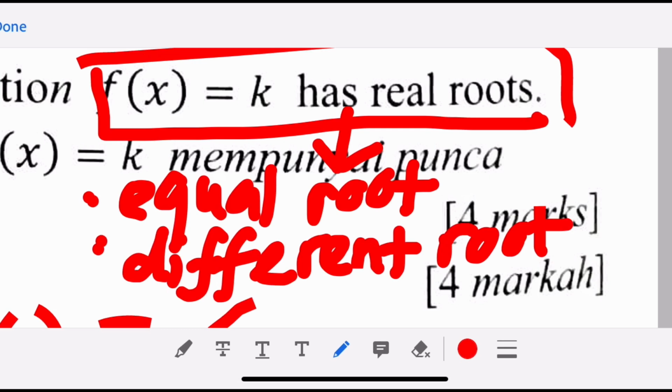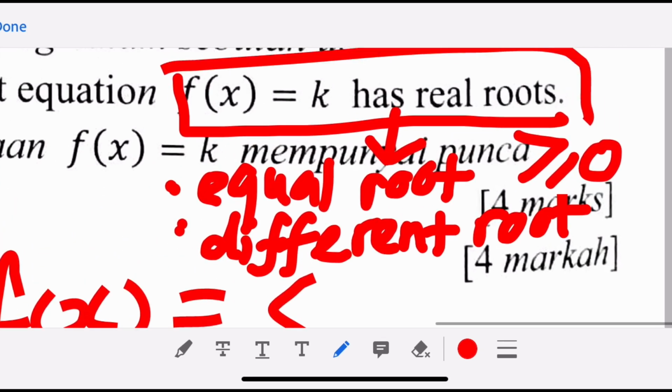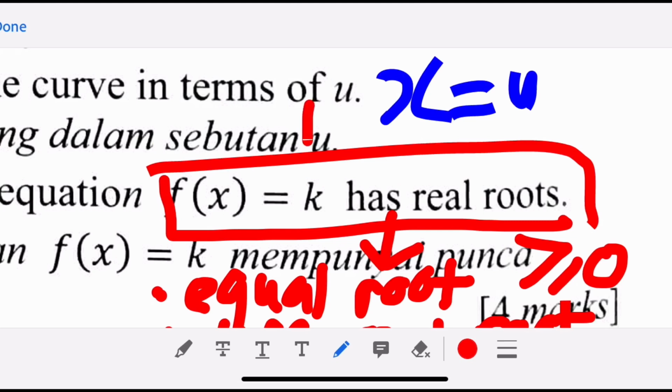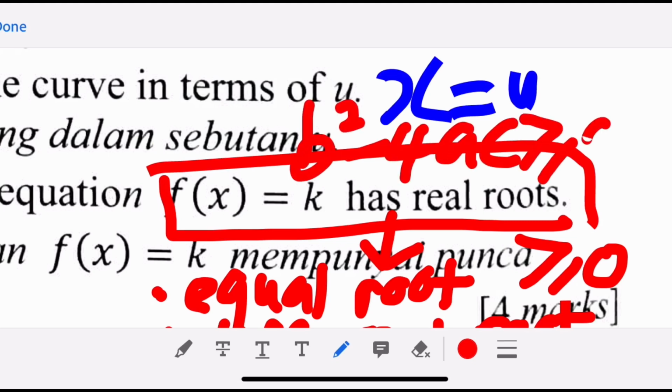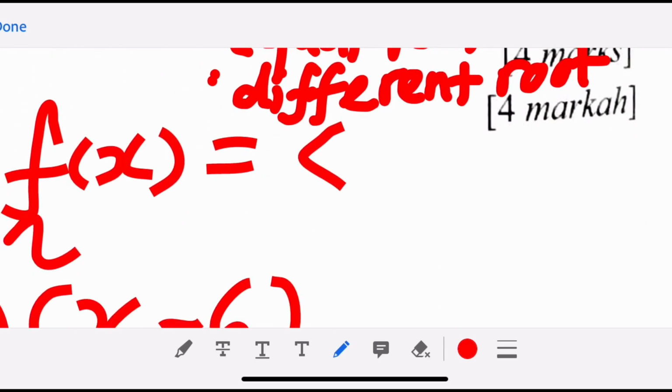If you solve and got x equal to 5 and the other one 7, you say different roots. So real root can mean either equal roots or different roots. That is called real root.